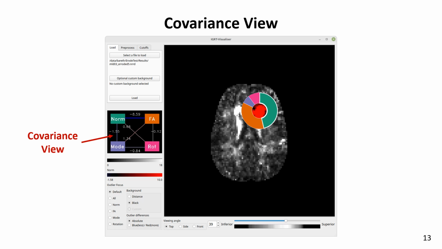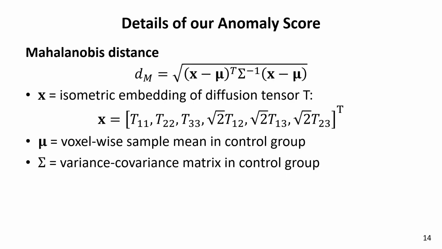Before we look at further examples, let us briefly consider the mathematical model that is behind this visualization. As an anomaly score, we use the Mahalanobis distance, which is a well-established measure of distance between a multidimensional point x and a distribution that is described by a mean vector mu and a covariance matrix sigma.